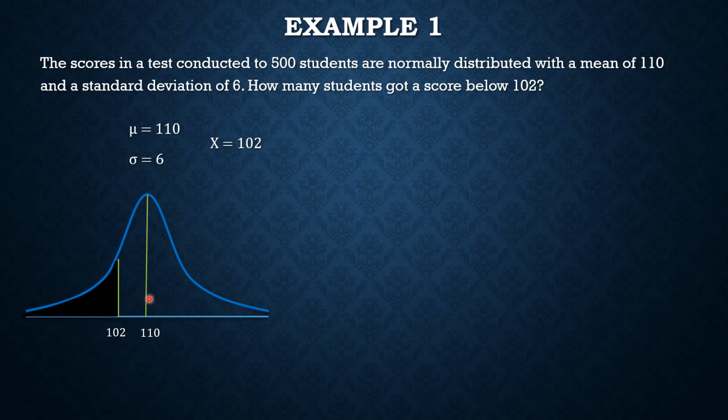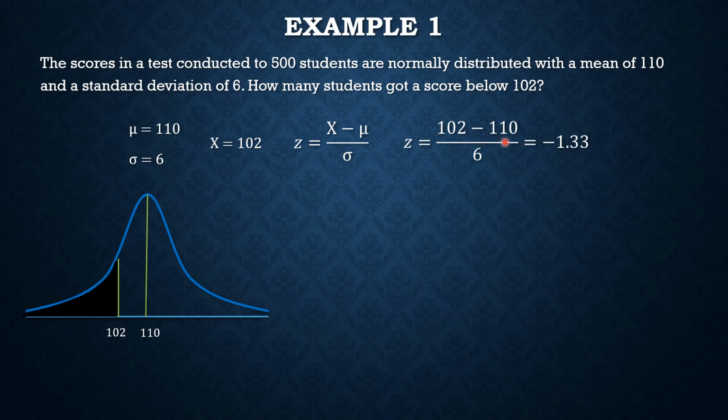The next step is to convert the raw score into z-score by using this formula, x minus mean all over the standard deviation. And now we have the z-score, which is equivalent to negative 1.33.